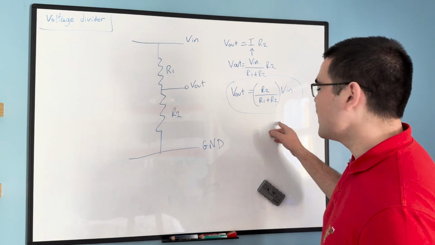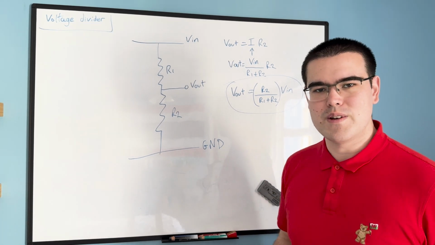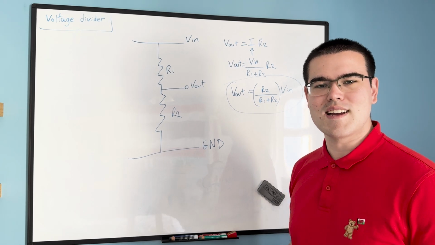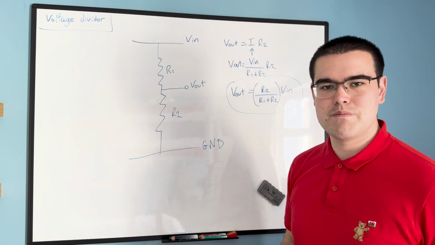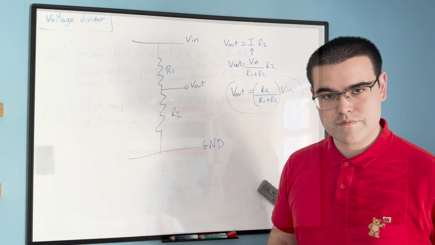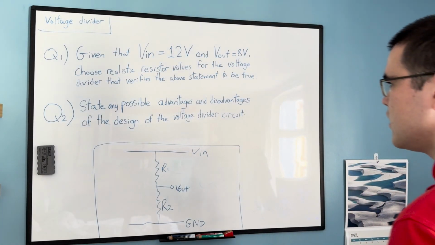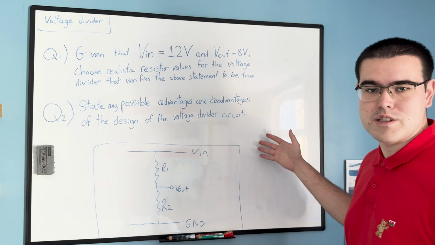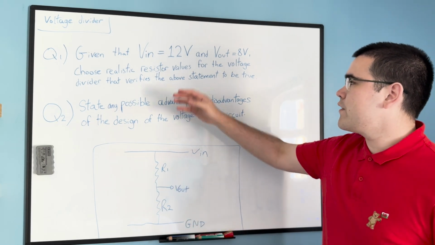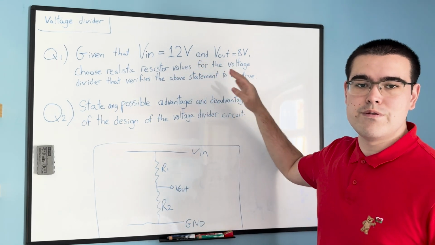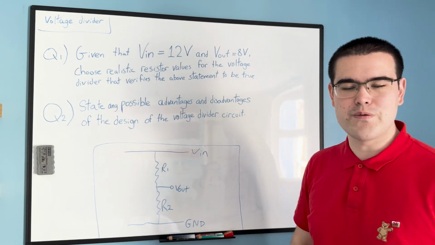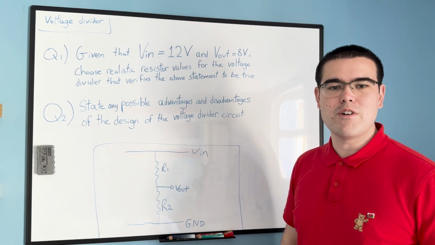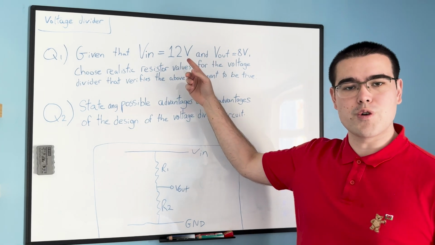So just keep that in mind, and I'll just have a couple of questions for you to maybe test your understanding of the voltage divider from an engineering point of view. So here I have a couple of questions for you to have a go. Given that V in is 12 volts and V out is 8 volts, choose realistic resistor values for the voltage divider circuit that verifies this statement to be true.